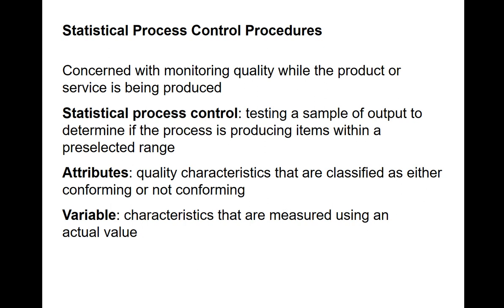This is a characteristic that is classified as either conforming or not conforming, so either it satisfies the requirements or it does not. For attribute charts, the characteristic we pick up is the number of defects.